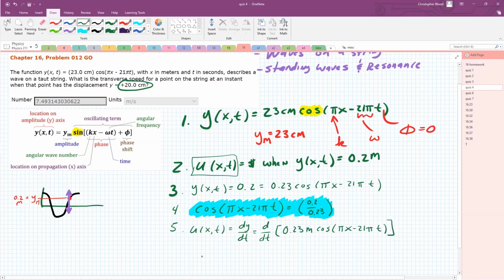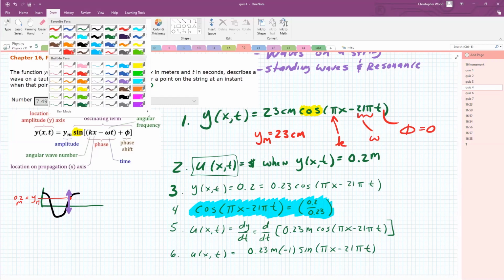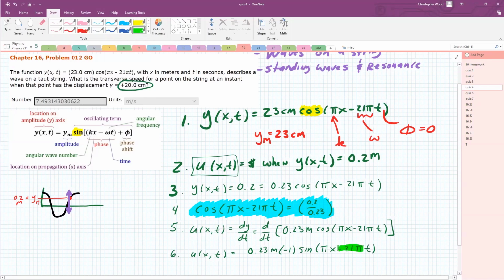So when I take that derivative, the transverse velocity function equals 0.23 meters. The derivative of cosine is the negative sine, same argument, pi x minus 21 pi t. Yes, that looks good. Times the coefficient of the time variable, which is right here, times negative 21 pi.